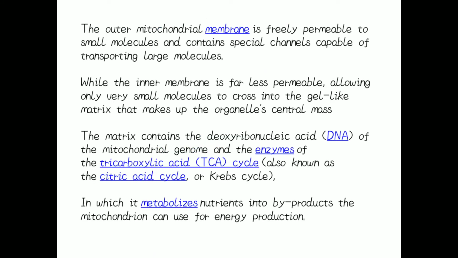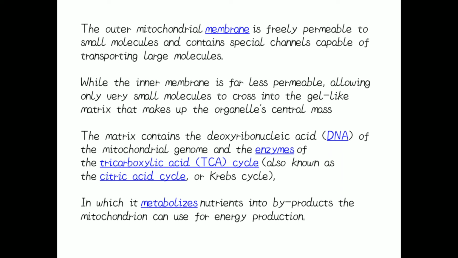The outer mitochondrial membrane is freely permeable to small molecules and contains special channels capable of transporting large molecules, while the inner membrane is far less permeable, allowing very small molecules to cross into the gel-like matrix that makes up the organelle's central mass.